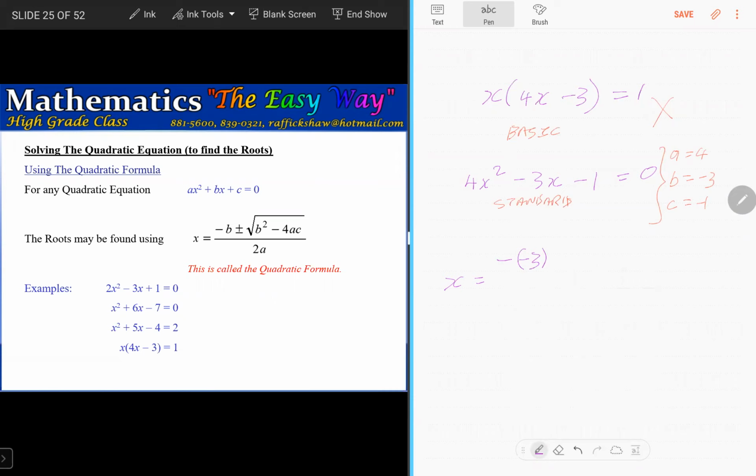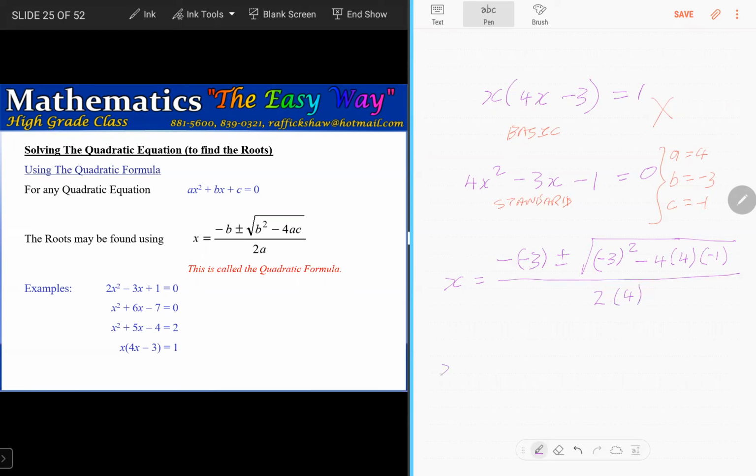So it's minus b plus or minus the square root of b squared, negative 3 squared, minus 4ac, 4 times a is 4, the c is negative 1. Keep all those negatives. Everything divided by 2 times a, the a is 4.